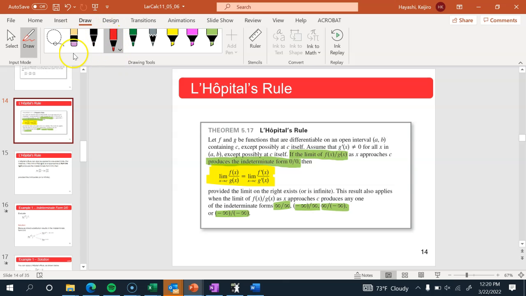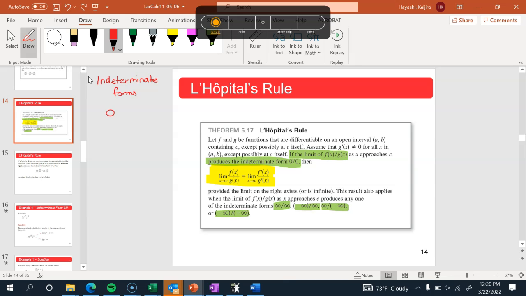So, right now, I'm just going to write down a couple of indeterminate forms that you might see. You might see 0 over 0.